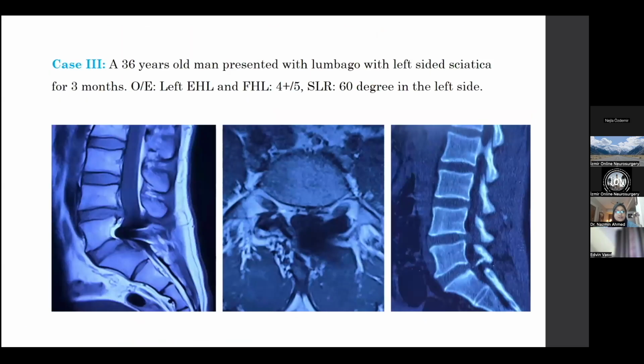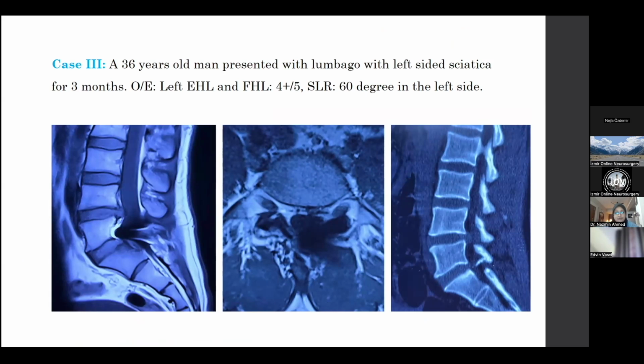So our next case is a quite interesting case. This case did not mimic prolapsed intervertebral disc in neuroimaging findings, but from history, the patient came to us with features of lumbago with left-sided sciatica for 3 months.